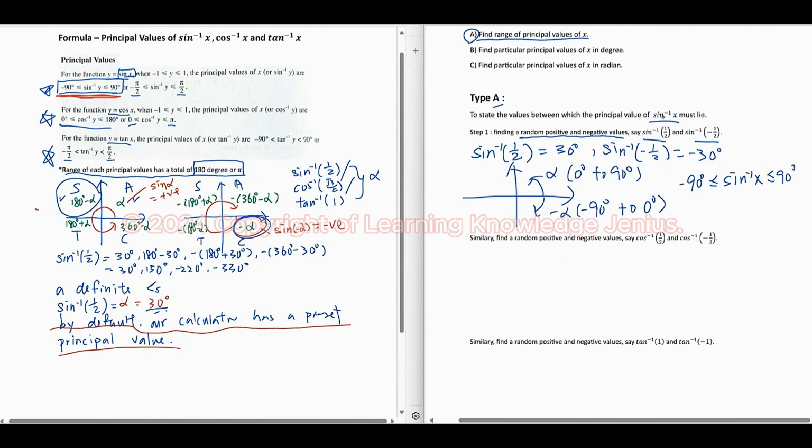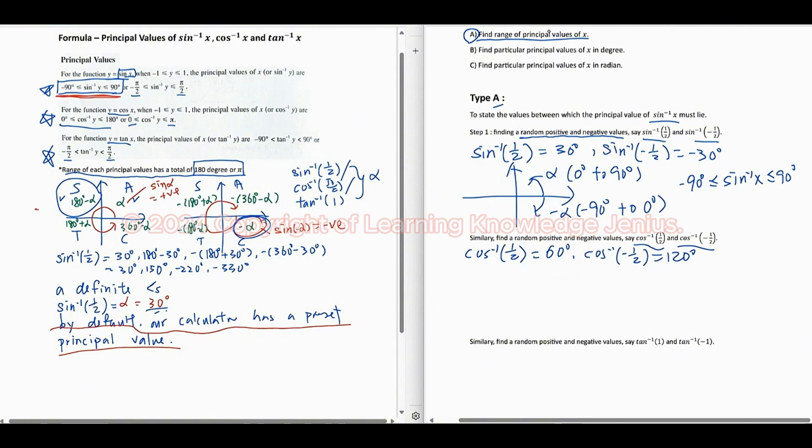Then similarly, you can use the same tactic to find the range for cosine. You punch in the calculator to get the inverse cosine of half. Then you get 60 degree here. Then the other one is this one, where you get 120.